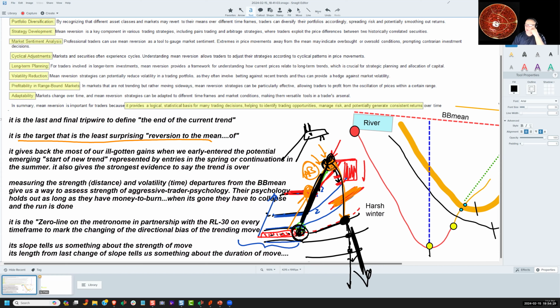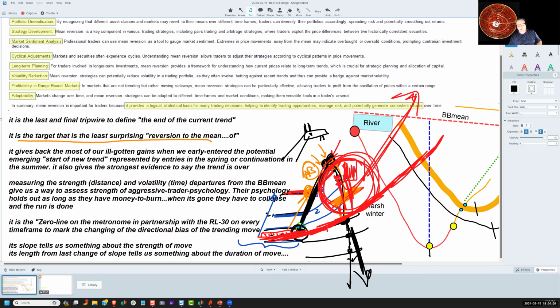So if we were to use the Bollinger Band mean as our conservative trailing stop, we've given it the widest amount of room to continue to find its way north, a pullback and then buy on dips. So if we're using this conservative 30-period simple moving average, we've given it the widest amount of room in order to recover and go on to the next leg, but it also gives back the most of our abnormal gains.